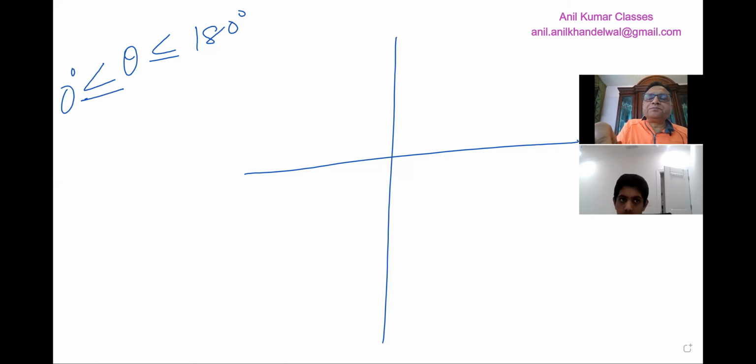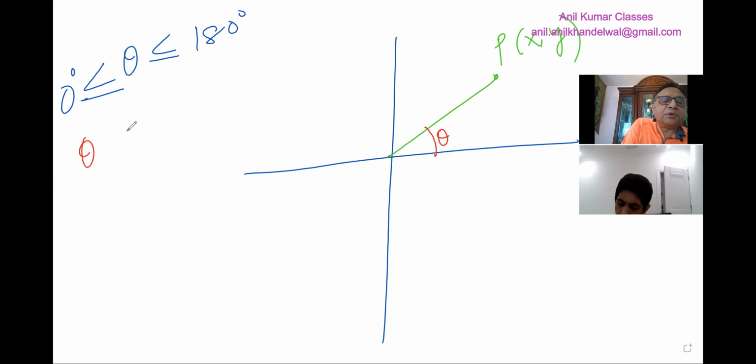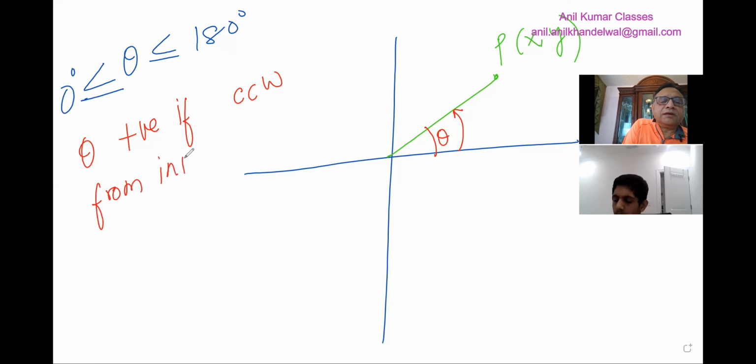So here we have a point P whose value is xy, correct? And we define this as our angle theta, right? Now this theta is considered positive if we move counterclockwise from the positive x-axis.